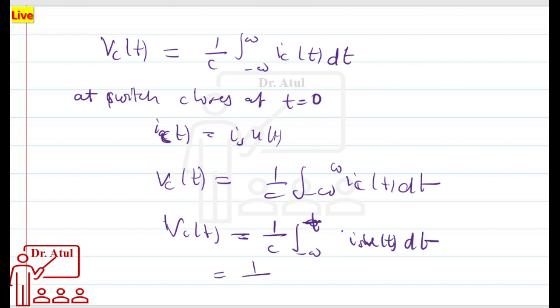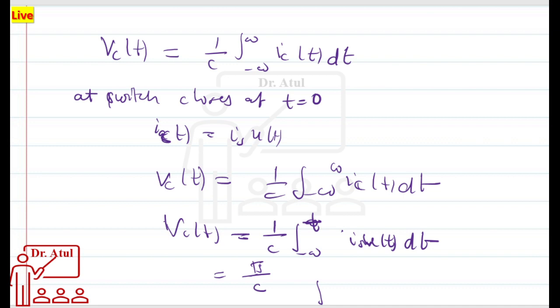This is IS upon C. Okay, so this is the voltage across the capacitor, IC(t) into u(t) dt.